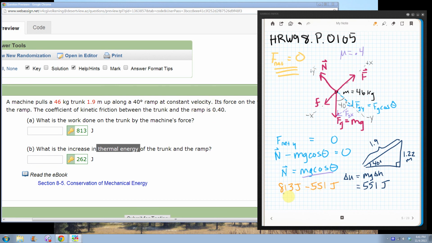So where did the extra, put this in a calculator, 262 joules go? Well, it got dissipated as thermal energy. Basically, it got turned into heat. And so that was the increase in thermal energy. See? Same number. It's kind of creepy, huh?